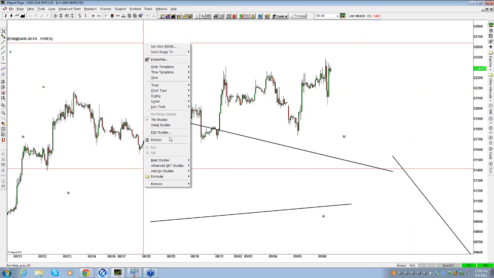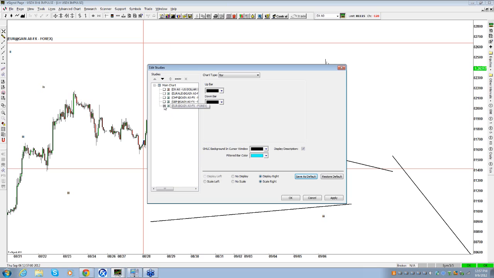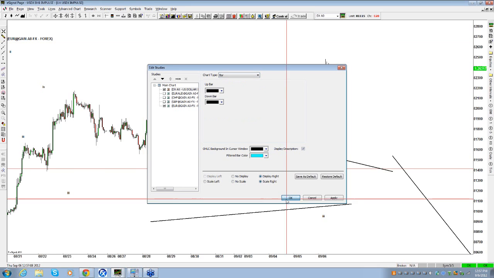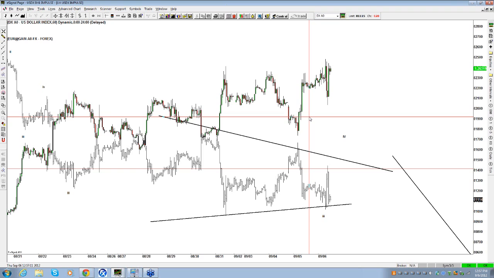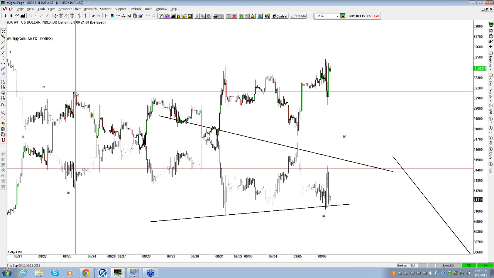I mean, these two pairs, if you look at it, the euro and the dollar, they were together until here.